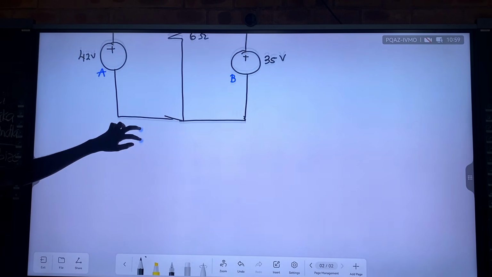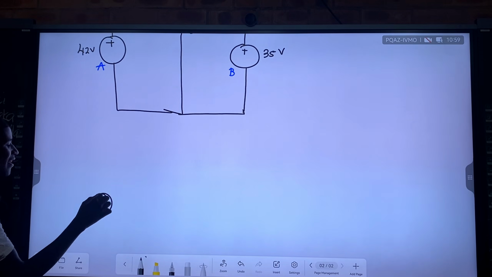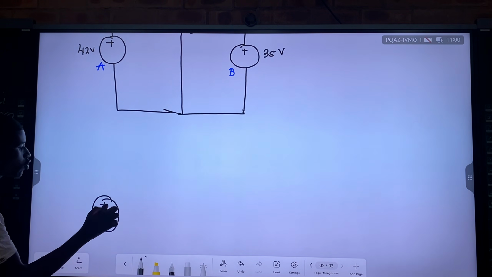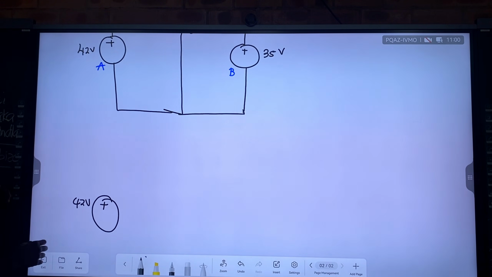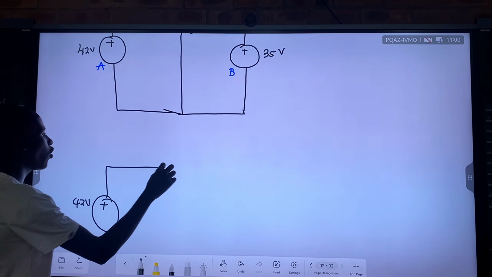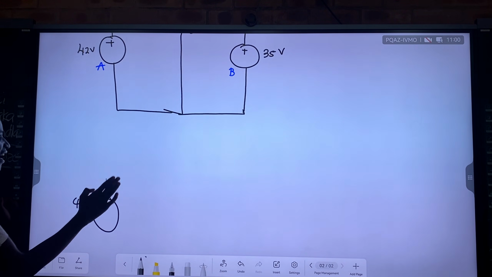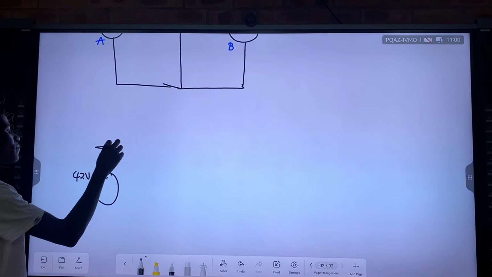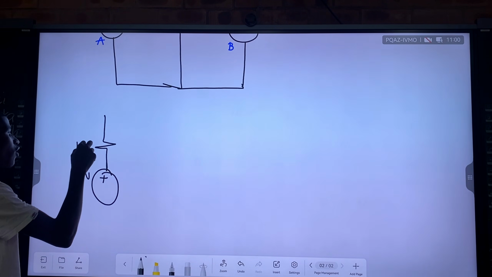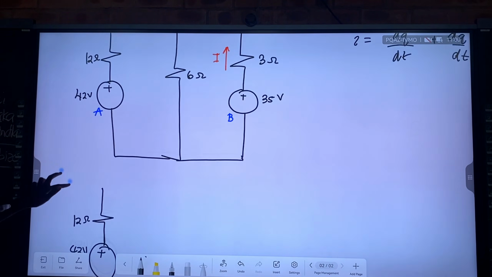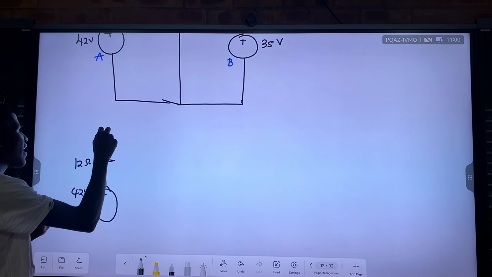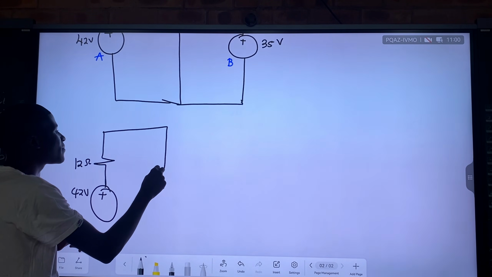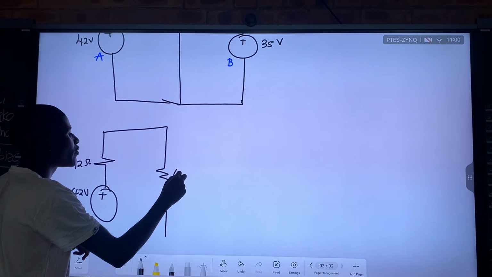So how will I do it? I'm going to rewrite my circuit such that I get back the 42 volts and all the resistors that I had, exactly as they were. Here I've got 12 ohms, and these 12 ohms go all the way there. This 6 ohms resistor didn't do anything; we don't do anything to it.